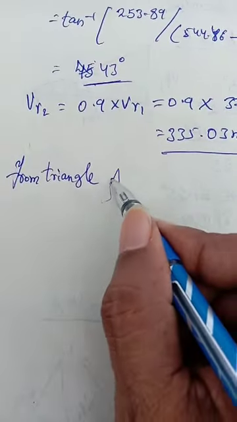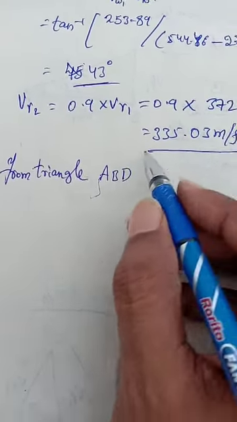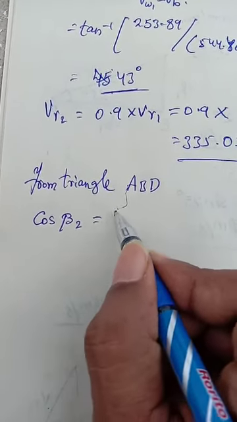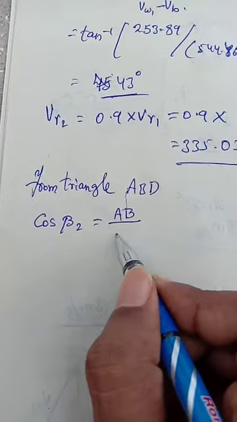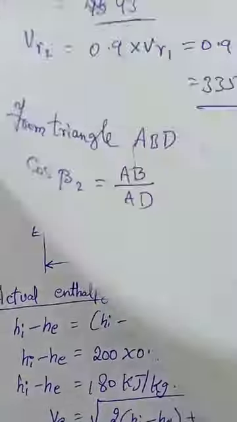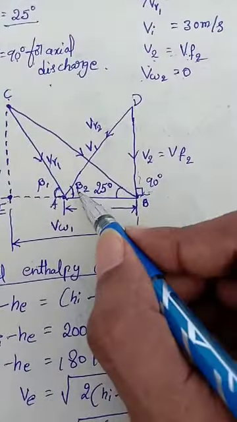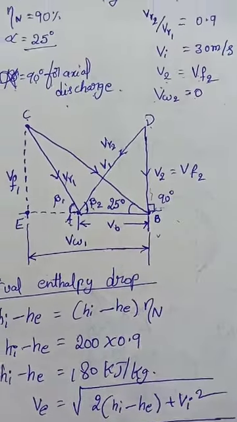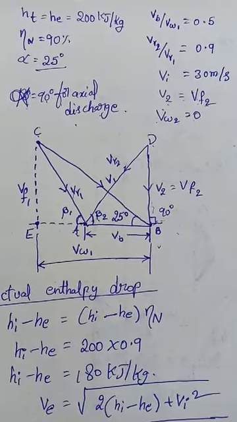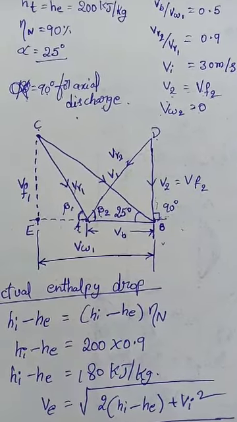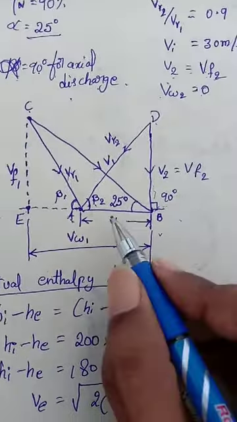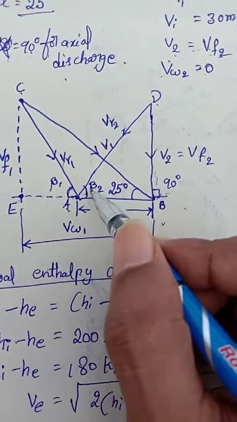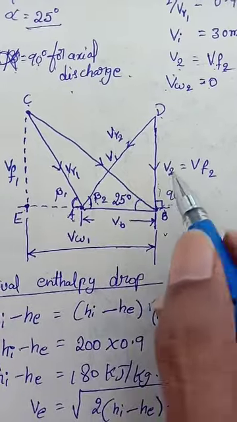Now here triangle ADB. So then here cos beta 2 is equal to AB divided by AD. Look at here, beta 2 we need to know, so dB divided by AB. Now here we take here beta 2, so cos beta 2 is equal to AB by VR2.